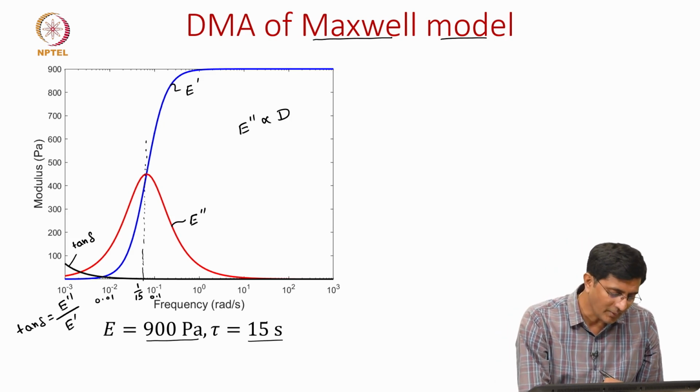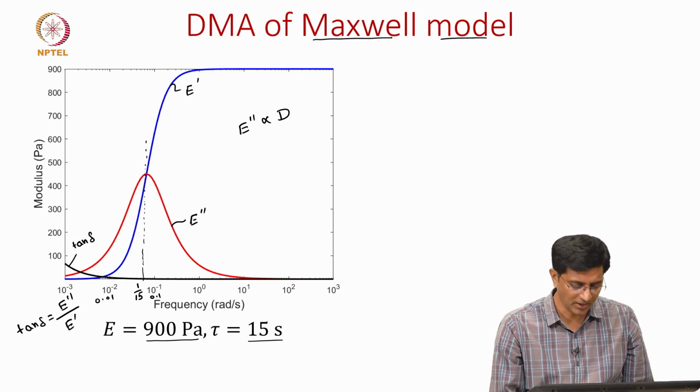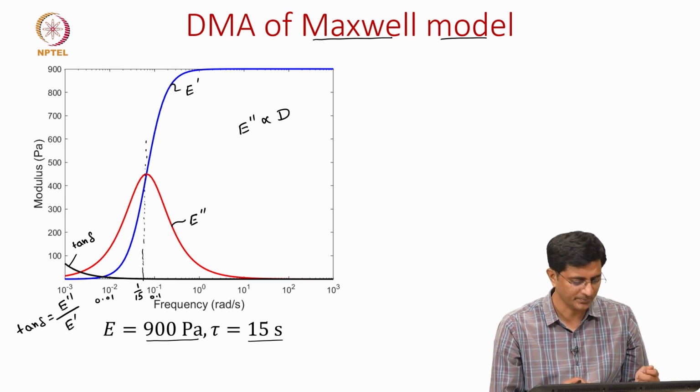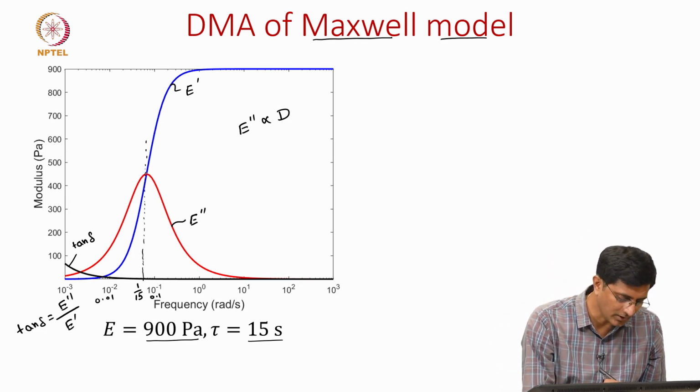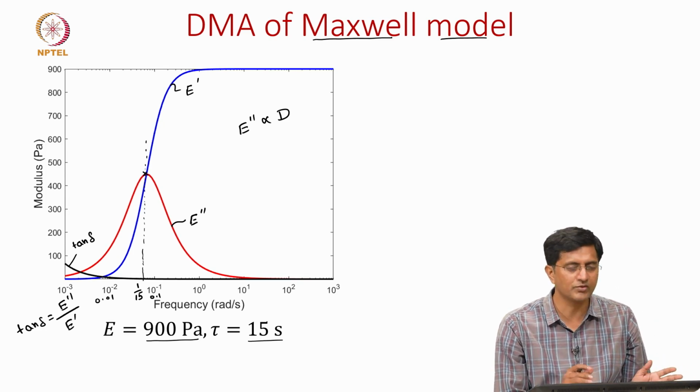So we see that the maximum energy dissipation happens about the relaxation time, which is given as 15 seconds or 1 by 15 if we write in terms of frequencies. So it is peaking at this 1 by 15, but again if you are looking at very low frequencies or very high frequencies, it is almost negligible.